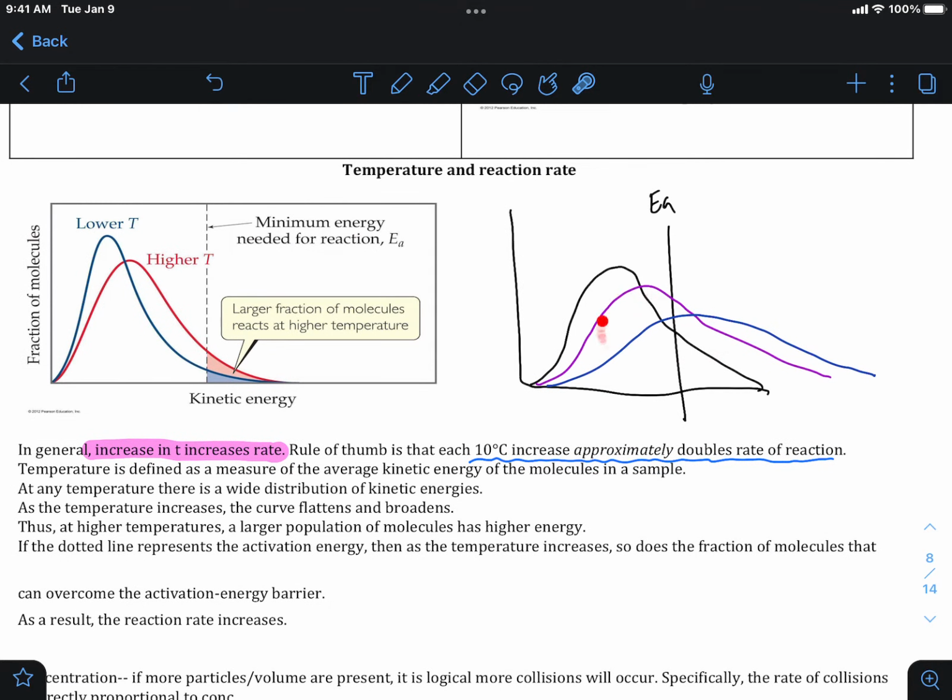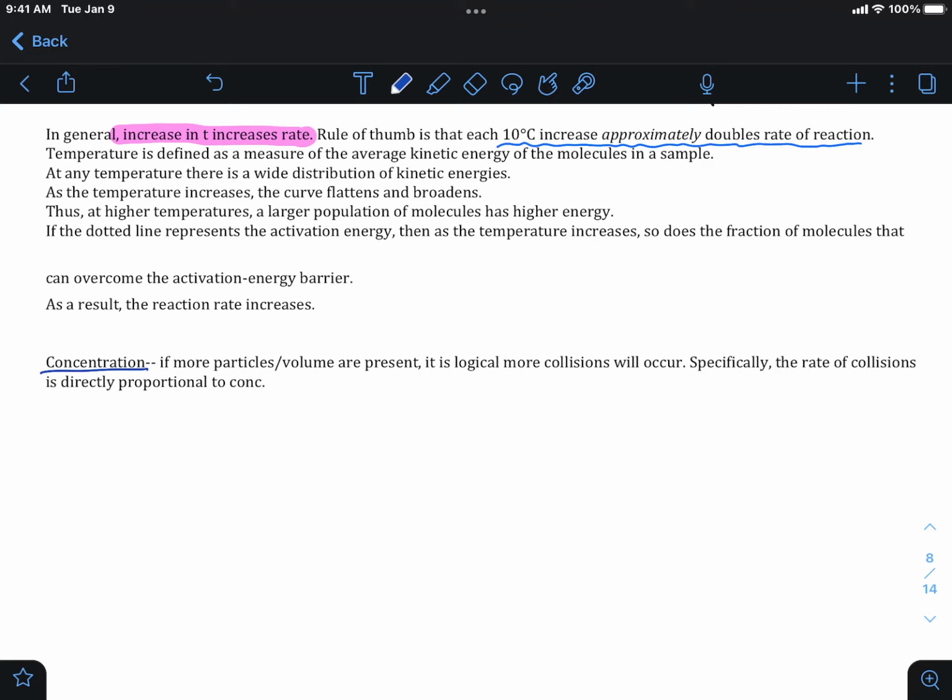Let's talk about concentration. We kind of already talked about this, but I'll mention it again. If there are more particles per unit volume, then more collisions will occur. And thus, the rate of collisions is directly proportional to the concentration. So let's be a little clear about this, right?